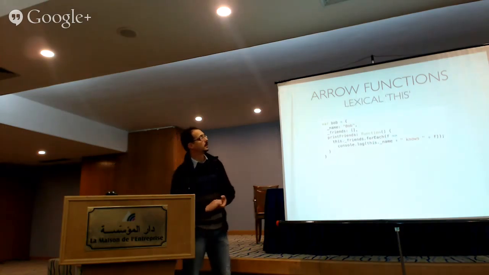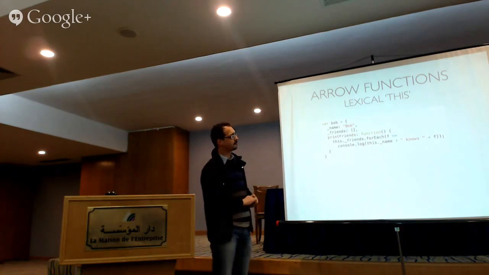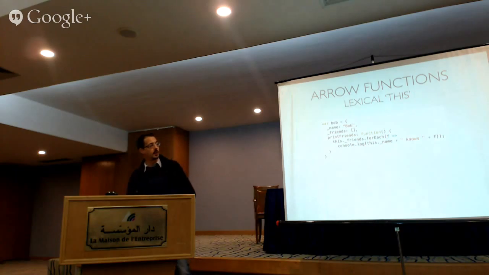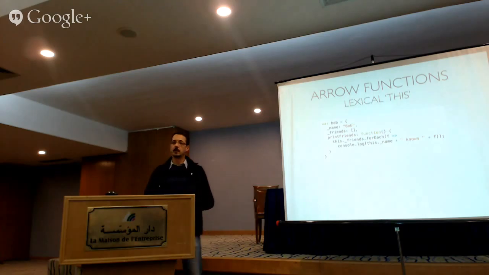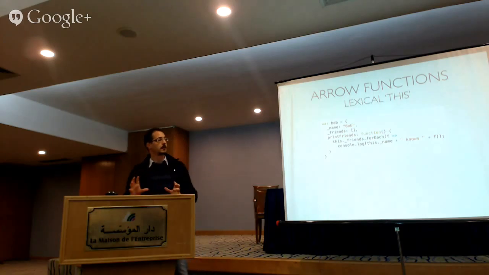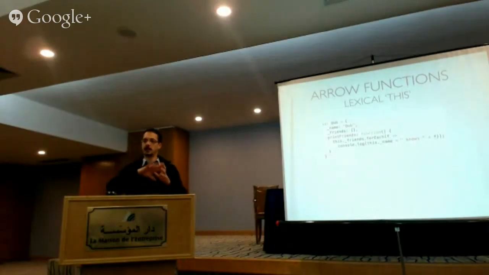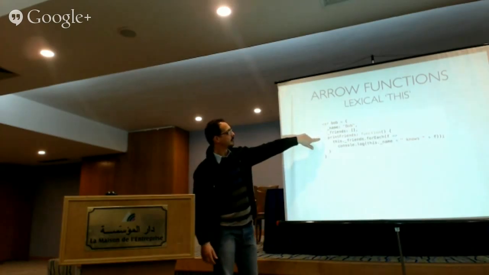Another specificity of arrow functions is the lexical this, which means the this keyword, when it is used in arrow functions, behaves differently. Normally we have functional scopes, which means that the scope changes in every function. Here we have an object, and we define a function in the object.